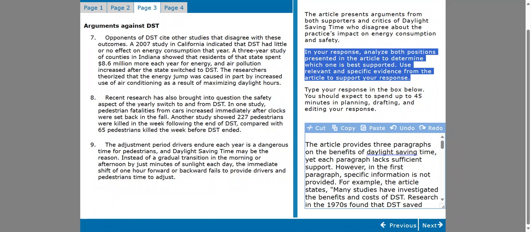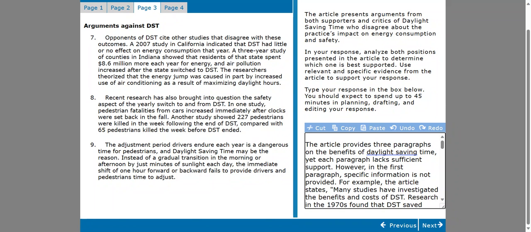And so I go back to what is offered here in this paragraph, in paragraph 2, as far as the question goes. And it says, in your response, analyze both positions presented in the article to determine which one is best supported, and use relevant specific evidence from the article to support your response.